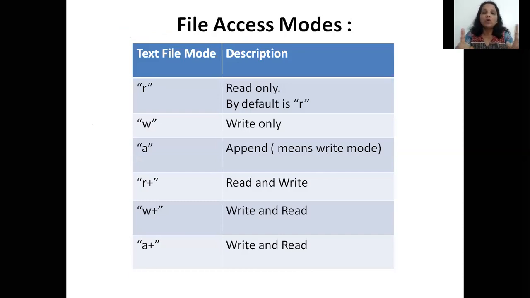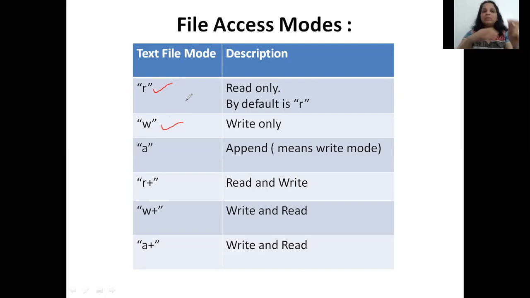So if you're planning to open a file in the read mode, that means you want to get the contents from the file into your program, then you're going to use the access mode or file mode R. And I told you by default, it is R. So whether you write R or not, by default it is going to be R.